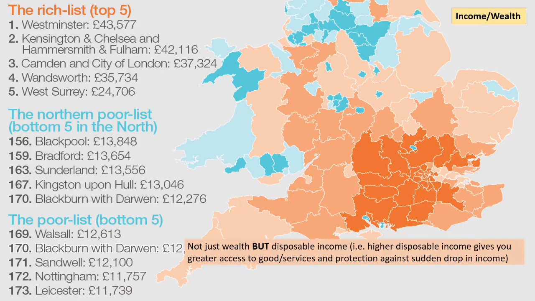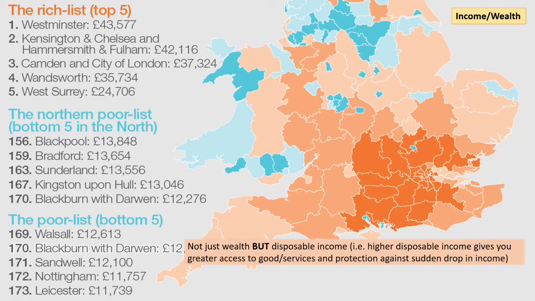We can see on this map of disposable income that there is a north-south divide, and particularly those blue areas, which are the poorest areas, often seem to be in areas where there used to be heavy amounts of industry, like Birmingham, South Wales, Leeds, Bradford and Manchester.